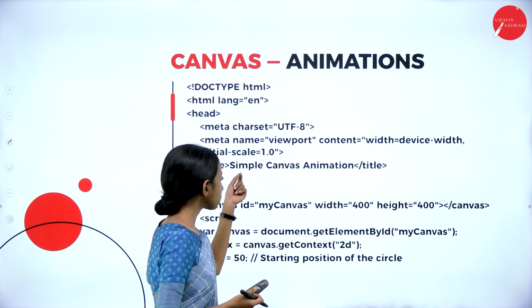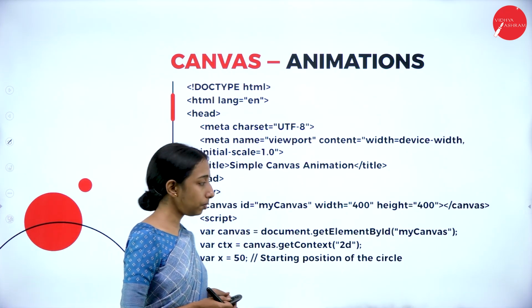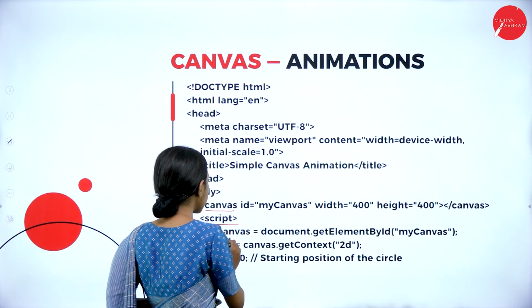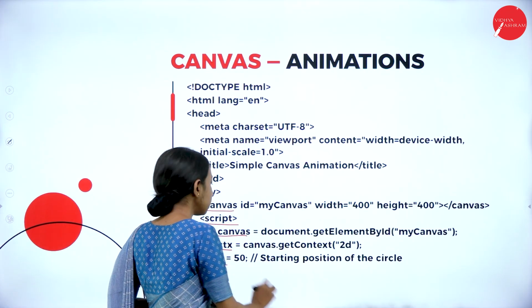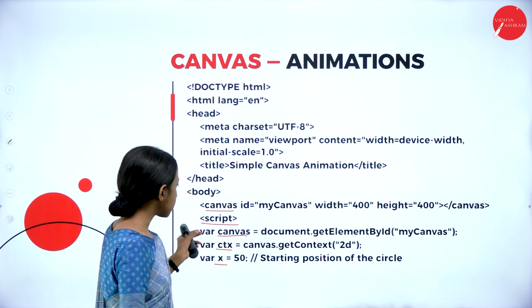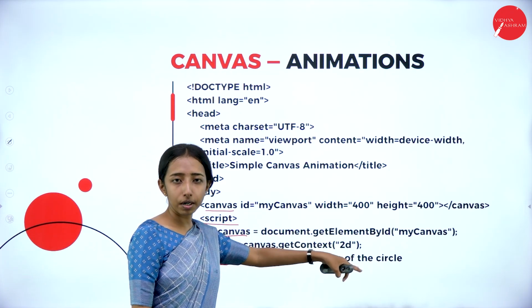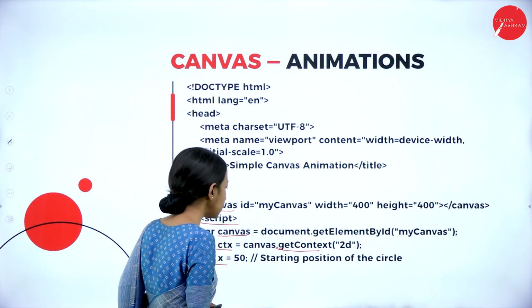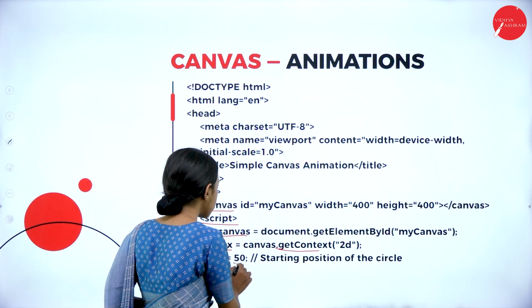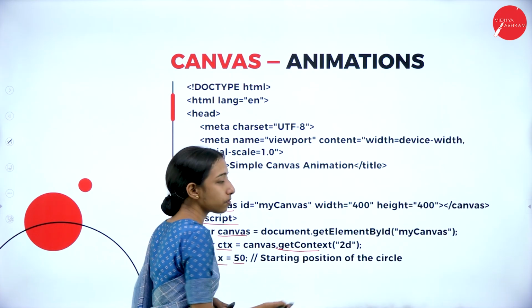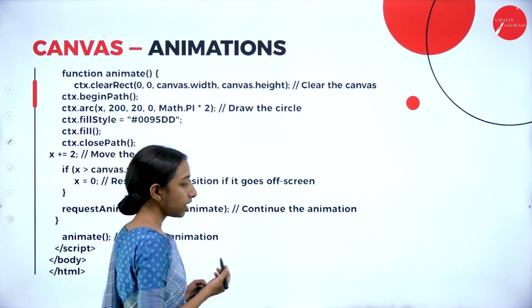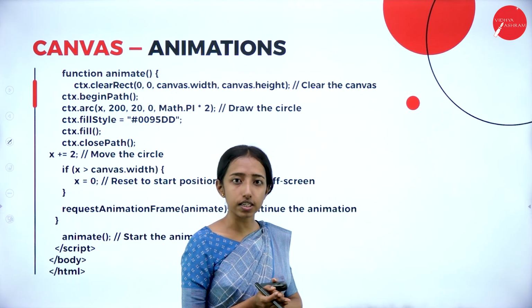We have given simple canvas animation, and here the canvas ID, and inside the script we have the three variables, that is var canvas, getElementById, var ctx, we will be getting the context in 2D, and var x equals 50, the starting position of the circle we are drawing.